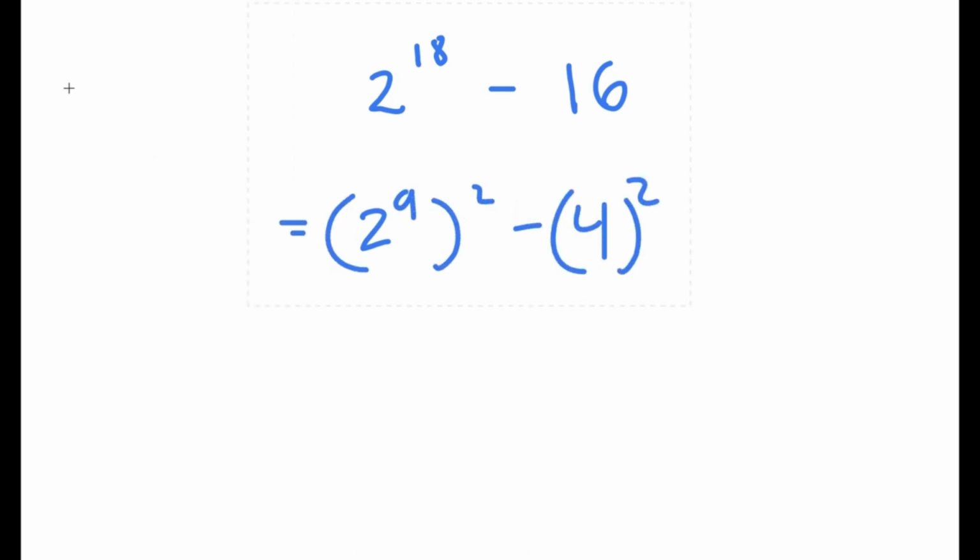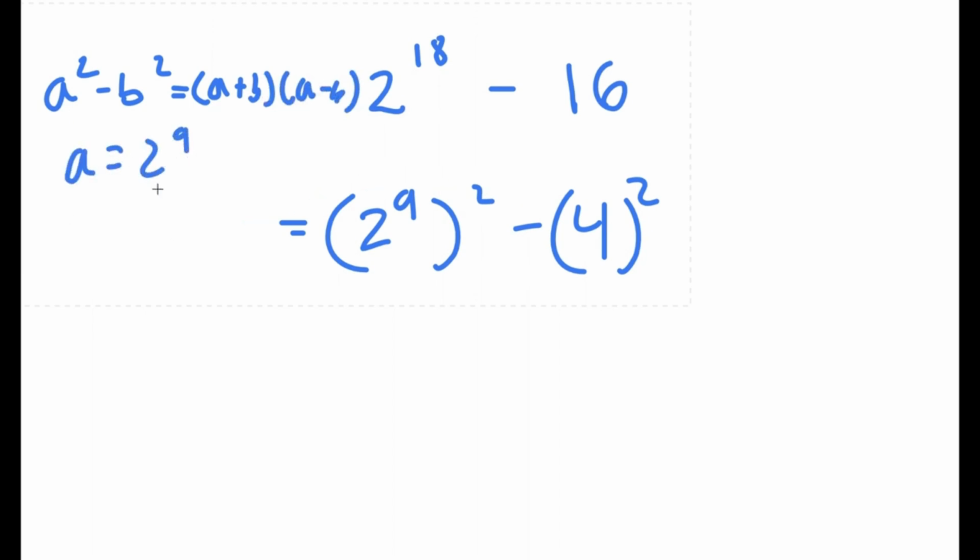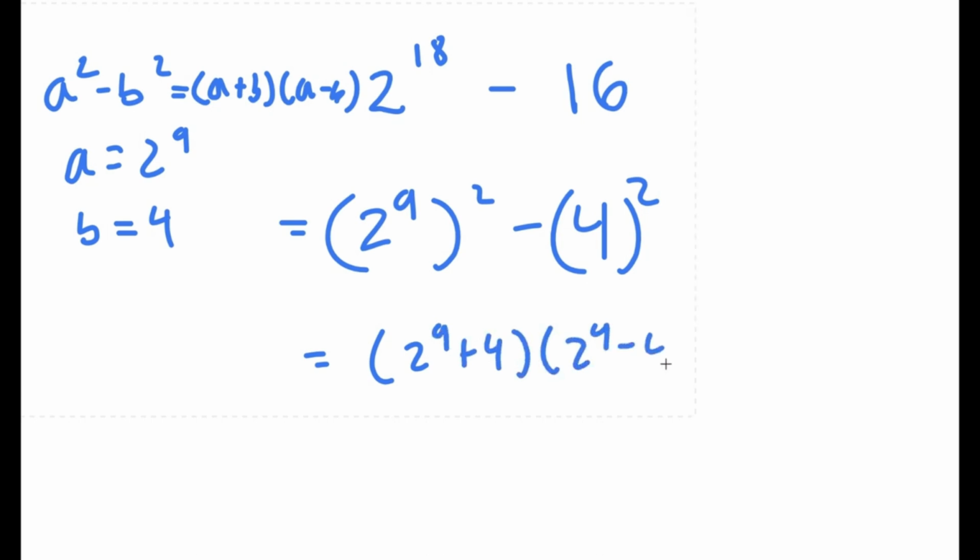And remember, a squared minus b squared is equal to a plus b times a minus b. In this case, a is 2 to the power of 9 and b is 4. So this is going to equal 2 to the power of 9 plus 4 times 2 to the power of 9 minus 4.